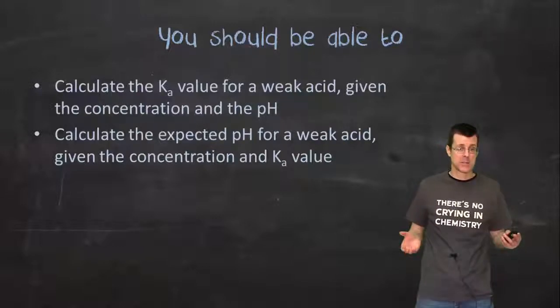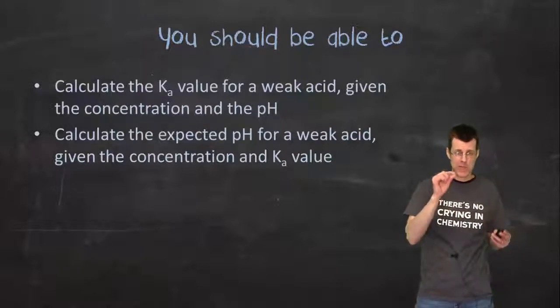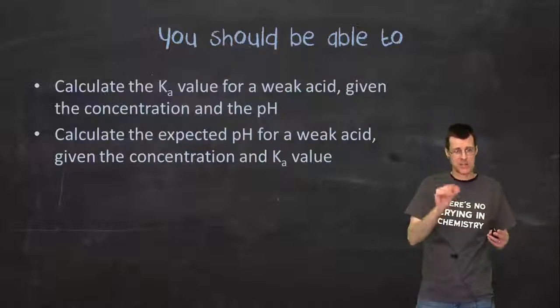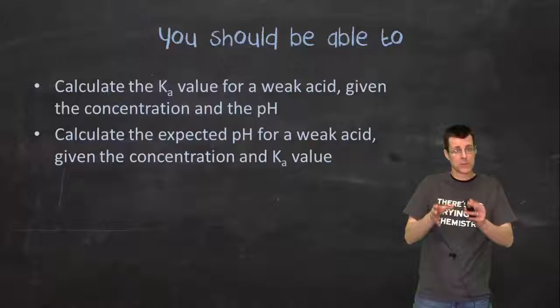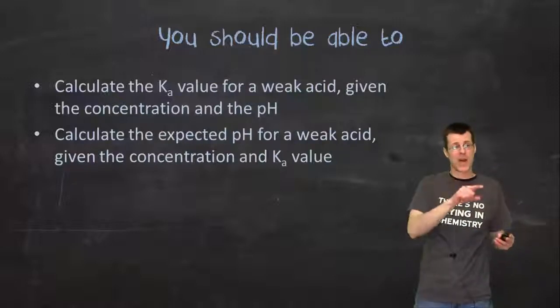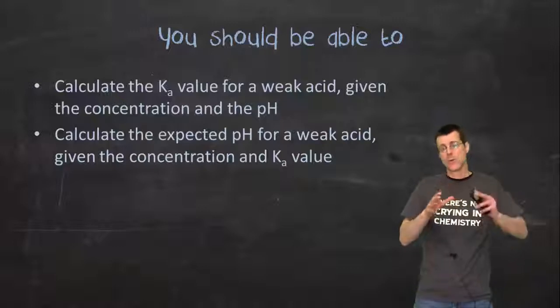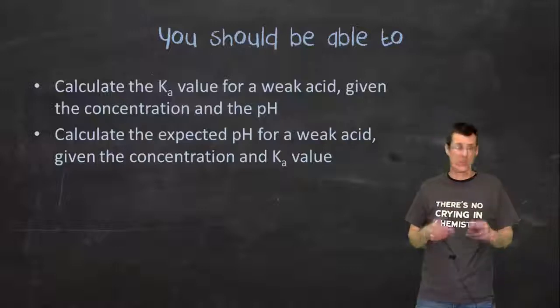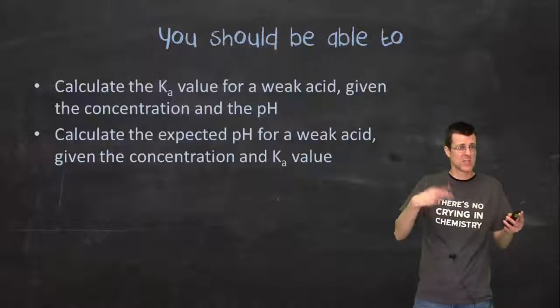It kind of depends. The smaller the value of K means that the less dissociated that acid is, which means your first assumption, well, let's assume I can ignore it, is that much more valid. So if you have a really, really, really weak acid, twice through would be enough. Once through would be enough, but twice just to confirm.